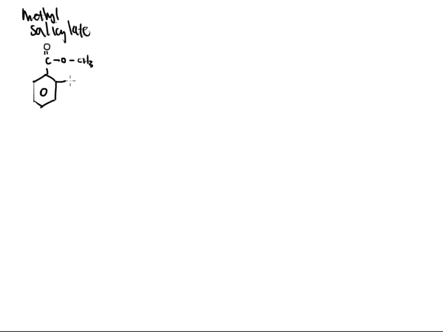And then beside of that is another OH. So we're seeing that this structure looks very similar to salicylic acid, and it would be salicylic acid if this CH3 group was off of there and replaced with a hydrogen. Then that would give us a C double bond OOH, which is that carboxylic acid group that we talked about in the previous video. All right, so that's oil of wintergreen.